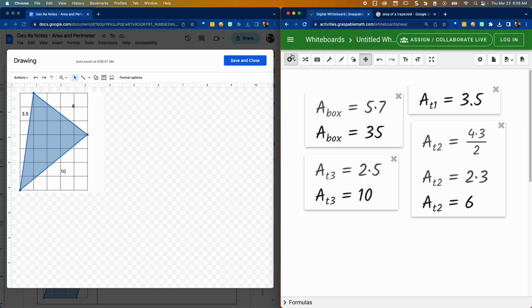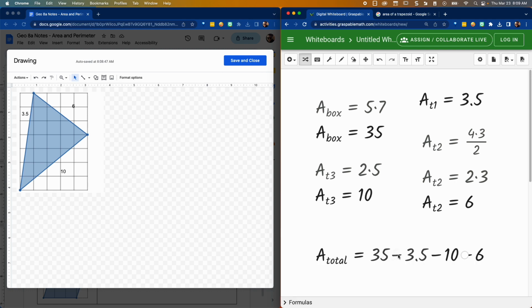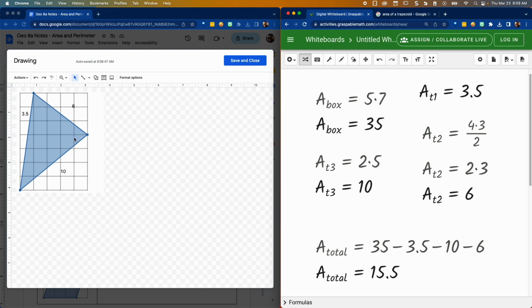But then the total area, the area total is equal to 35 minus 3.5 minus 10 and minus 6. So we're subtracting each of those numbers. And now it's just a matter of putting stuff together. There we go. And the area total is going to wind up being 15.5.